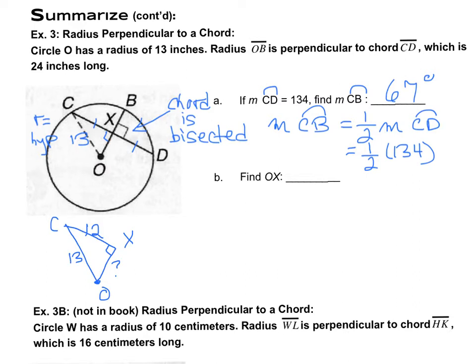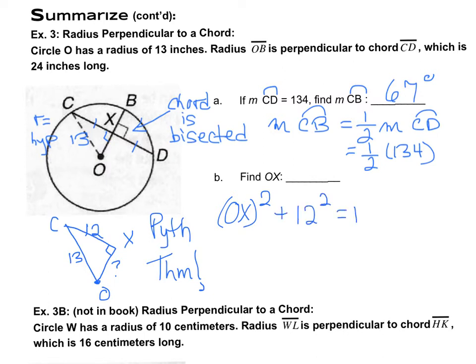So I think I see a right triangle here. We're going to be using the Pythagorean Theorem. If I think about OX and I square it, plus the other leg squared, which is 12 squared, then that has to equal 13 squared.